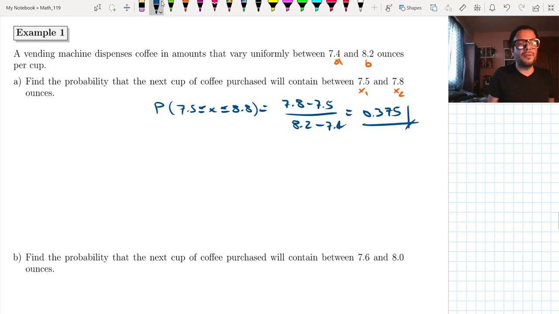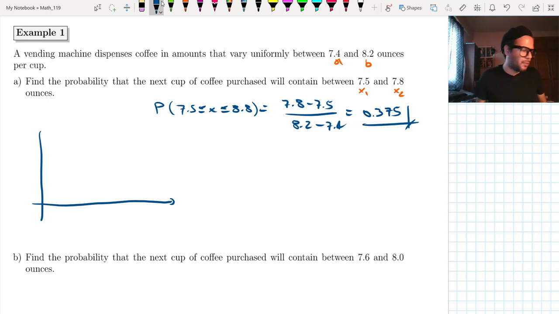What is the picture for this? Well, suppose we have this graph that represents the distribution, in which the lowest is 7.4 and the largest is 8.2. Notice this is going to look like a rectangular region because the probabilities will be the same for every single random variable.